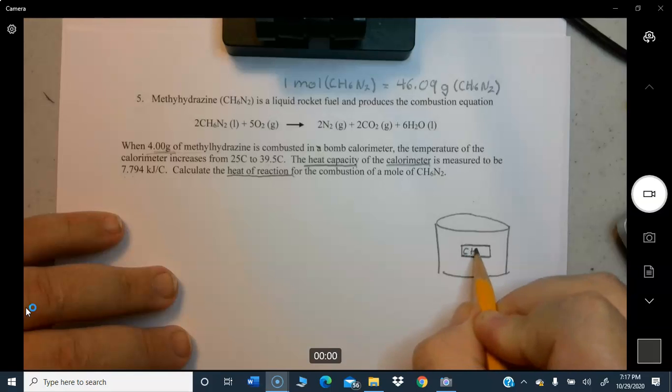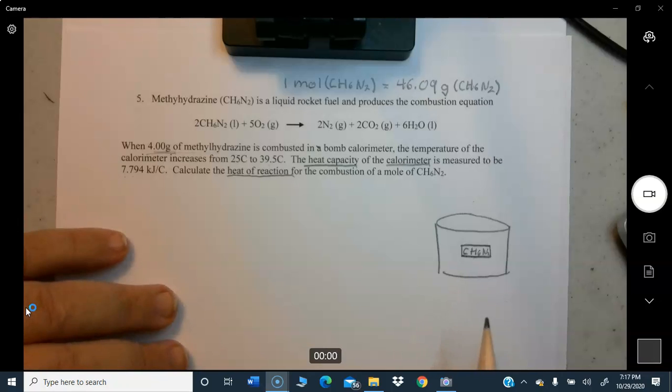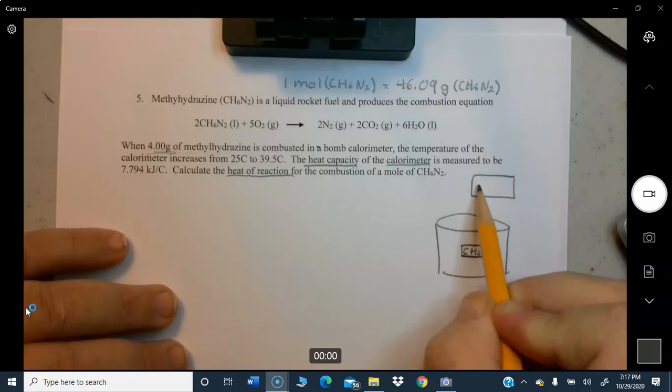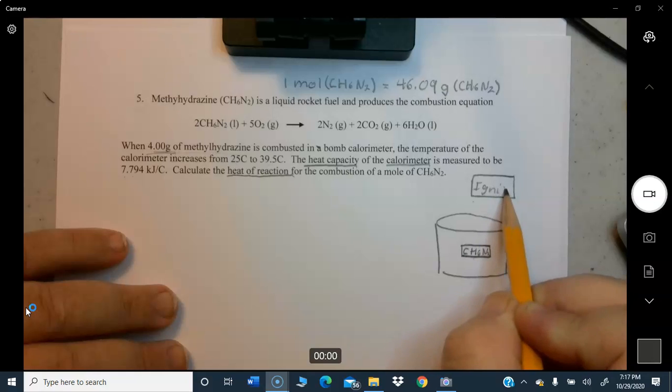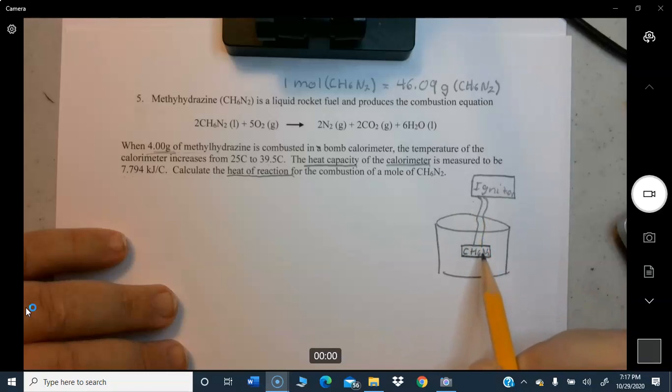CH6N2 is inside of there, and you're going to light it on fire. Okay, so you need something to do that. So you have a box out here which sends a spark down, and that's called an igniter. It ignites, and so we can just draw 2 wires going down there that are going to ignite this.